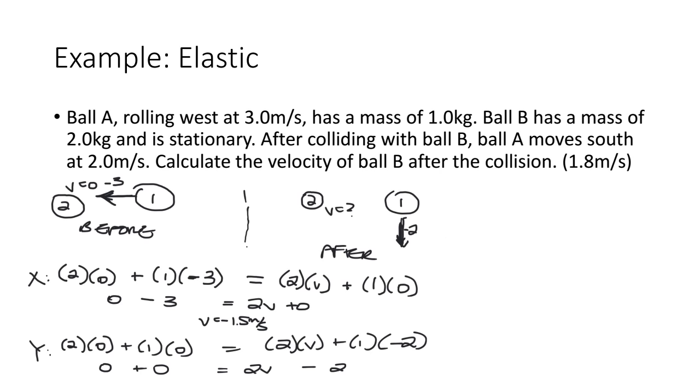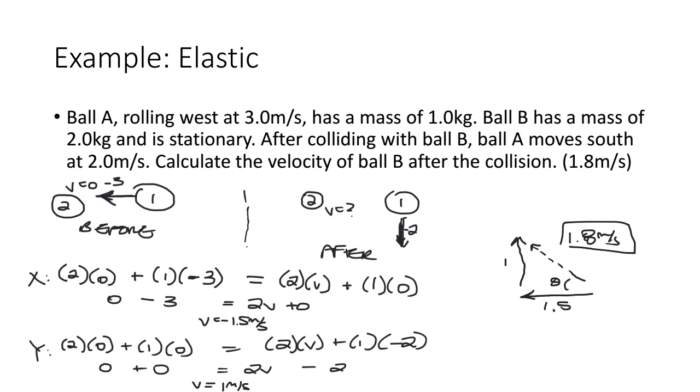And then I'll solve for the velocity in y. So that means that our velocity in x is negative, meaning it's going this way. And our velocity in y is positive, meaning it's going this way. And we can find our total velocity using the Pythagorean theorem. Our total velocity is 1.8.